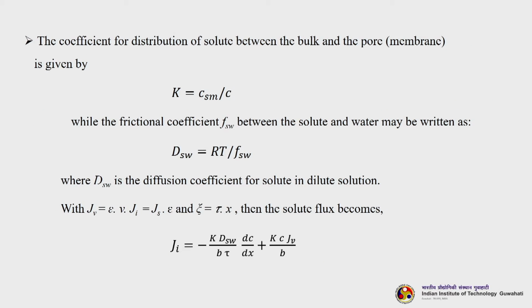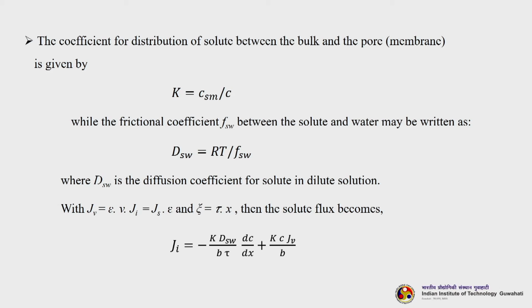The coefficient for distribution of solute between the bulk and the pore membrane is given by K equals C_sm by C, while the frictional coefficient f_sw between the solute and water may be written as D_sw equals RT by f_sw, where D_sw is the diffusion coefficient for the solute in dilute solution.